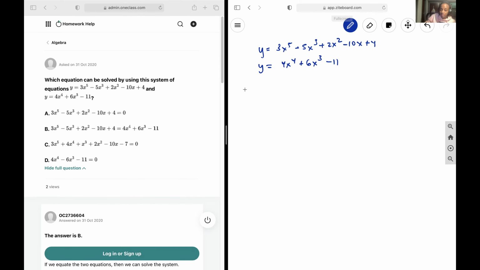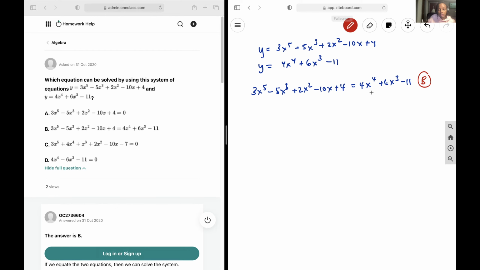And so we can write this again as 3x to the power 5 minus 5x cubed plus 2x squared minus 10x plus 4 is equal to 4x to the power 4 plus 6x cubed minus 11. We can already see that as our answer B. Let's see if any of the rest are derived from this.